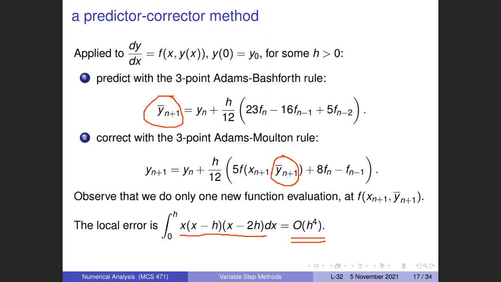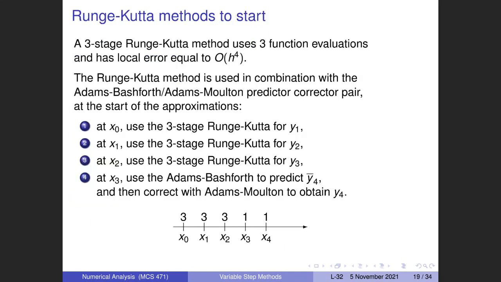So the 3-point Adams-Bashforth Adams-Moulton pair uses one new function evaluation and gets the same accuracy as Runge-Kutta methods. So why bother then to use Runge-Kutta methods? Well, at the start, you don't really have any previous function evaluations.